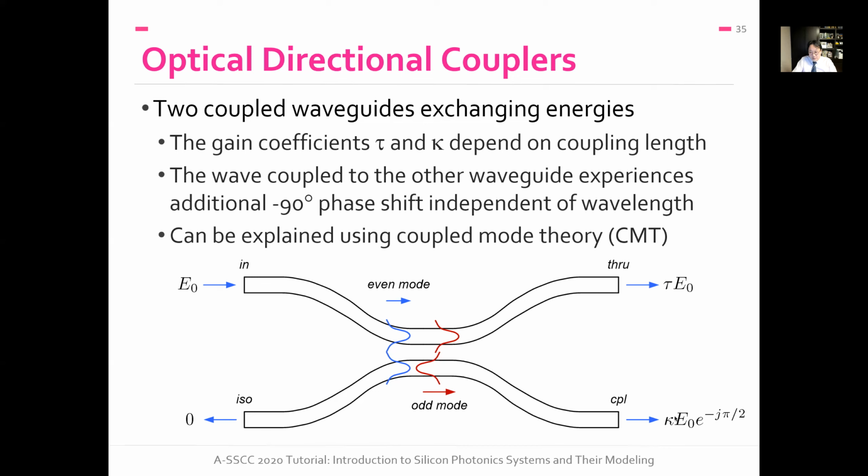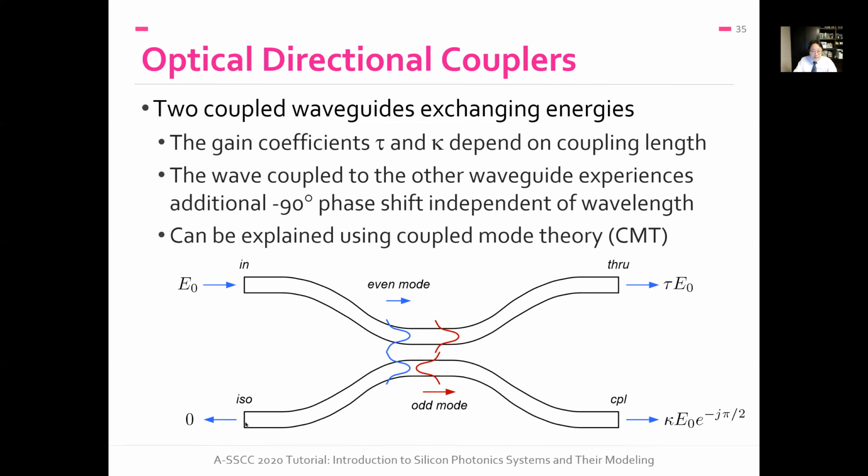This coefficient kappa describes how much energy will get to the other side. What's interesting is that through this interaction between the even mode and odd mode, the wave reaching the other side of the waveguide is always shifted by minus 90 degrees. And there's no energy going back into this port.